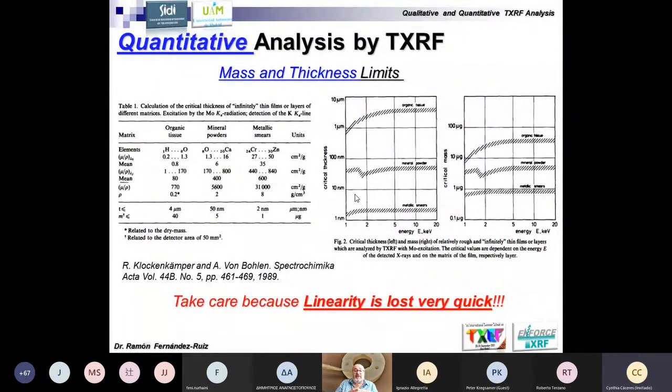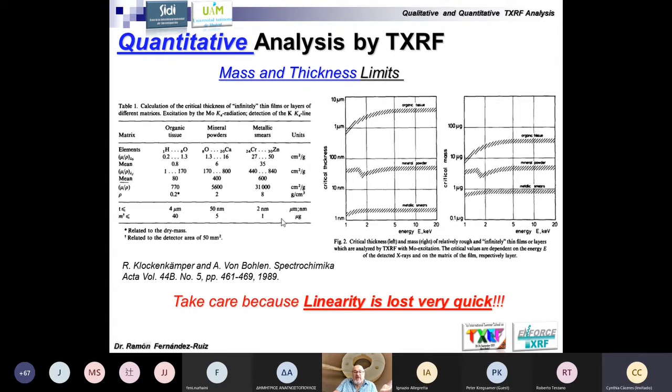And this translates to the practical way in the classical work of Klockenkamper and von Bohlen from 1989, where they apply this physical condition to three different matrices: heavy matrix, metallic smears; medium density, mineral powders; and light matrix, organic tissues.